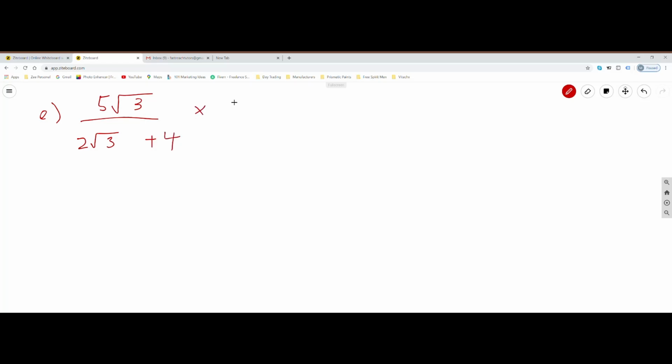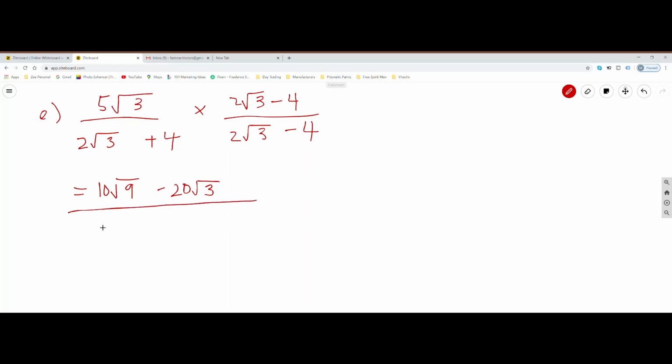So you're going to multiply it by 2 square root 3 minus 4 over 2 square root 3 minus 4, equals 10 square root 9 minus 20 square root 3 over 4 times 3 is 12 minus 16, equals 10 square root 9 minus 20 square root 3 over negative 4.